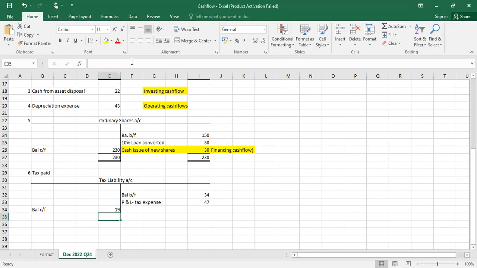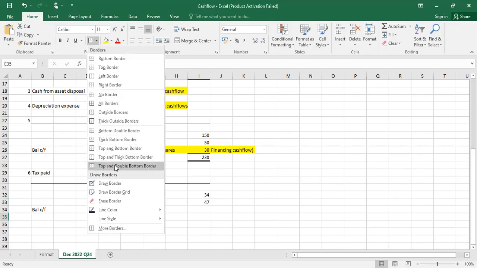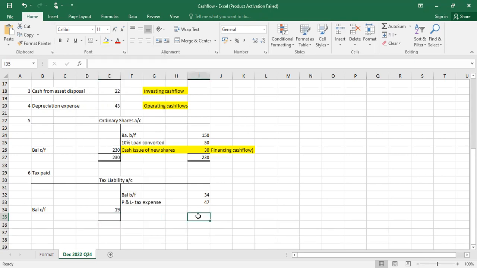If that is the case, then of course we can balance off the tax liability account. So we find out which side is more. And it's obvious that the credit side is more at a total of 34 plus 47, that's 81.